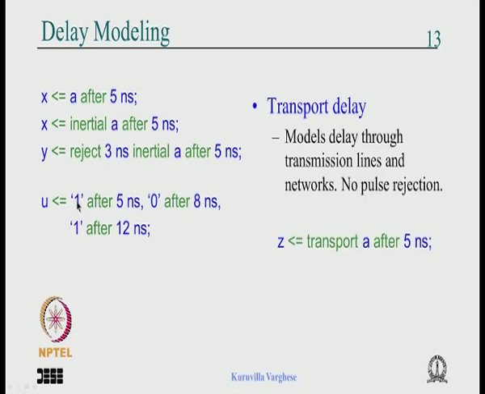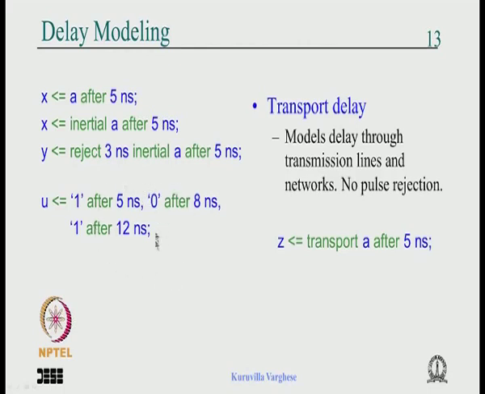And we also said that you could write a continuous assignment like this. U gets 1 after 5 nanosecond, 0 after 8 nanosecond, 1 after 12 nanosecond. It means that from 0 to 5 it is 1, 5 to 8 it is 0, 8 to 12 it is 1. So you have a pulse width of 5 nanosecond at the beginning, then 0 for 3 nanosecond, again 1 high for 4 nanosecond.